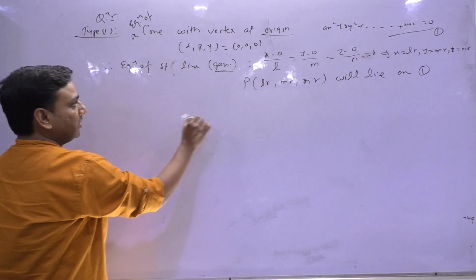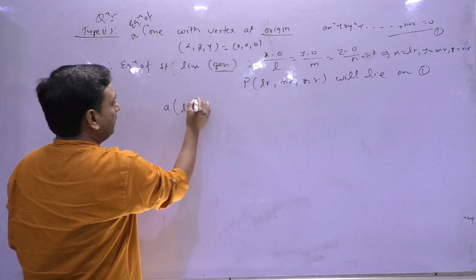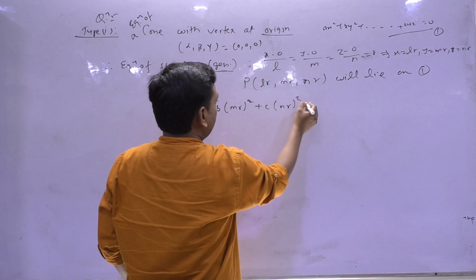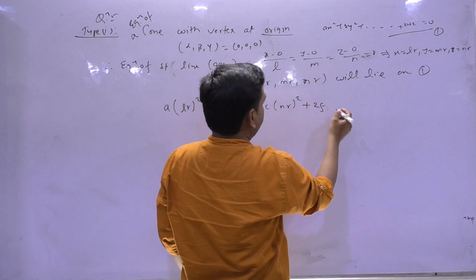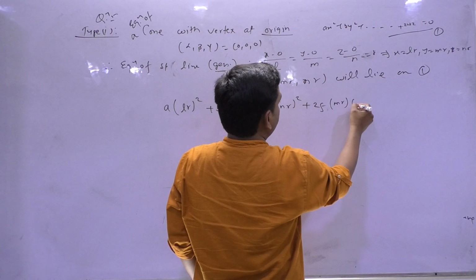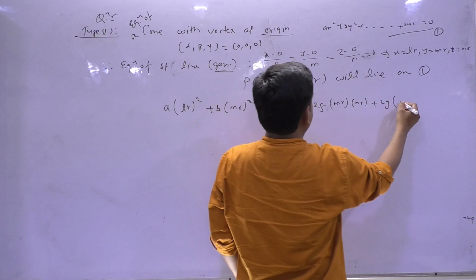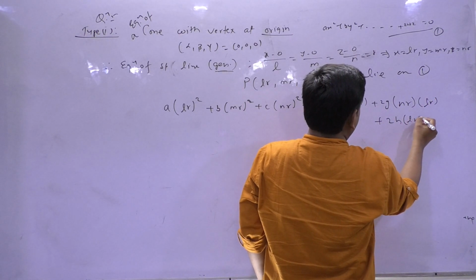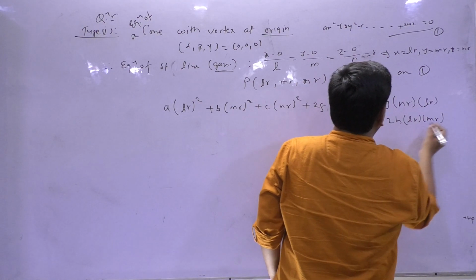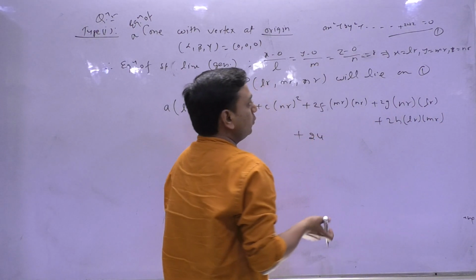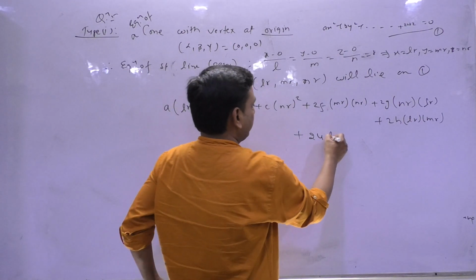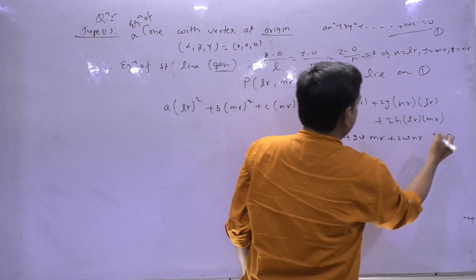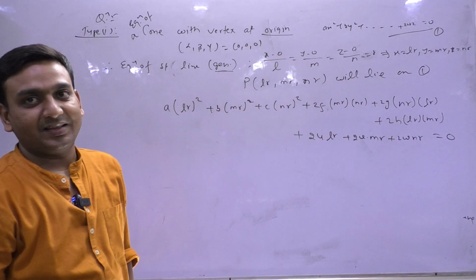So let's put a(LR)² plus b(MR)² plus c(NR)² plus 2f(MR)(NR) plus 2g(NR)(LR) plus 2h(LR)(MR) plus 2u(LR) plus 2v(MR) plus 2w(NR) equals 0. Clear?